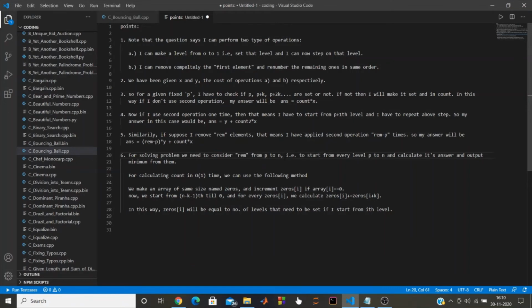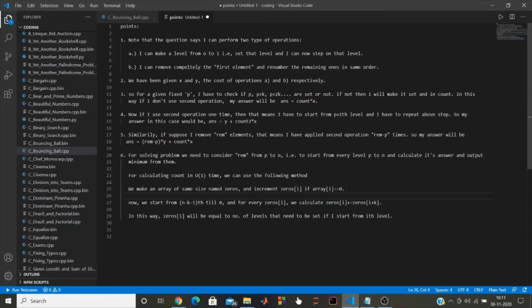To do it in linear time, we need to calculate this count, if I start from any level, in O(1) time. For that, we make an array of the same size, which we name zeros, and we increment zeros of i if arr of i equals 0.